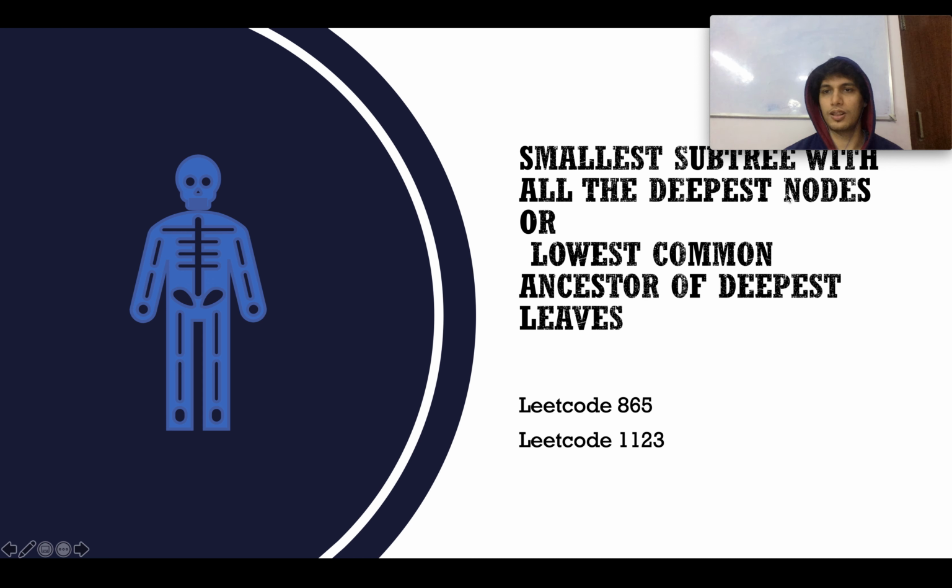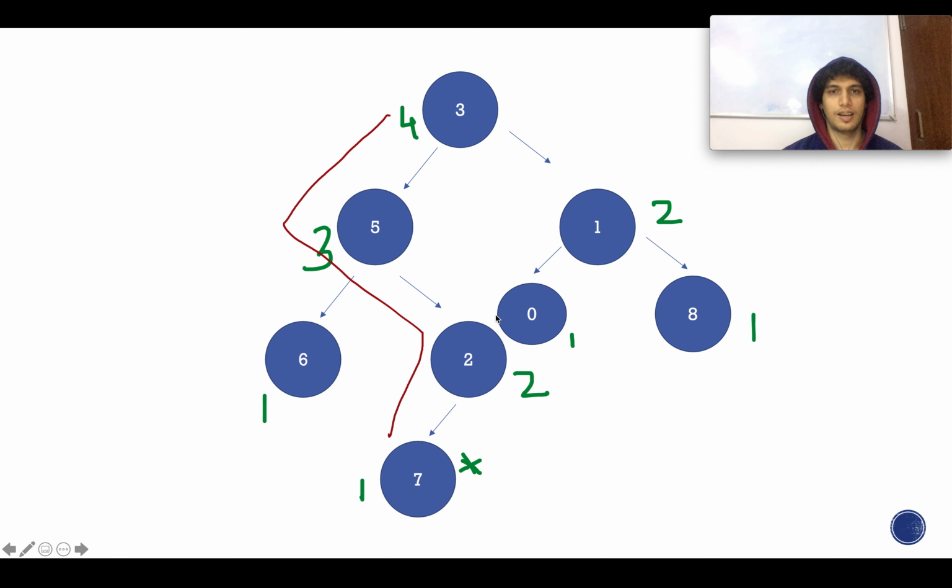Smallest subtree with all the deepest nodes, or lowest common ancestor of the deepest leaves. I have taken a slightly different example so that you understand the question in a better format. This is the tree given to us, and whatever I have highlighted in green is the depth of the tree. Let's identify the path of maximum depth.